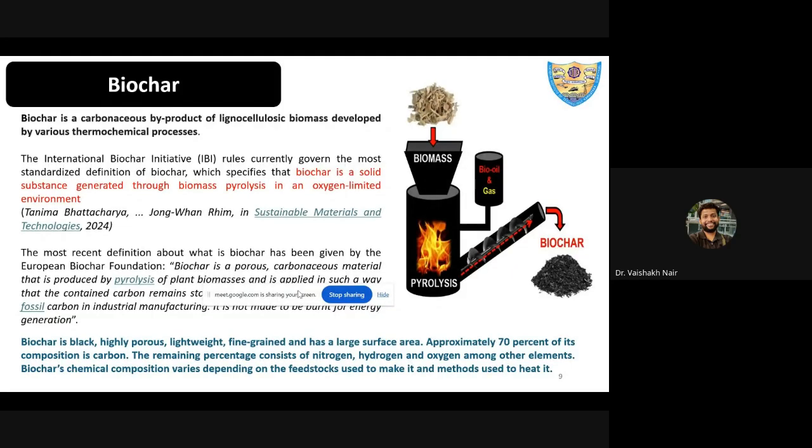Same way, biochar synthesized at 300 degrees Celsius for 1 hour will have different properties when compared to biochar synthesized at 500 degrees in 1 hour. So that is again, a lot of optimization studies have to be done based on what you require, what properties you are looking for.